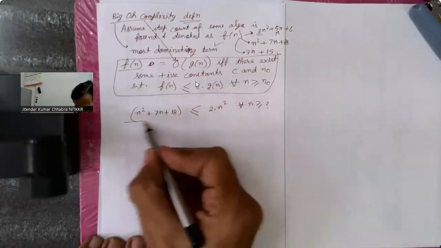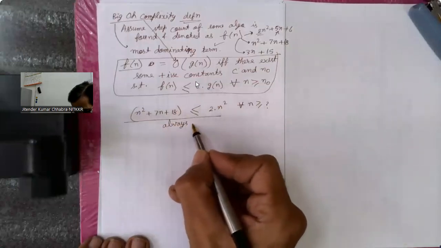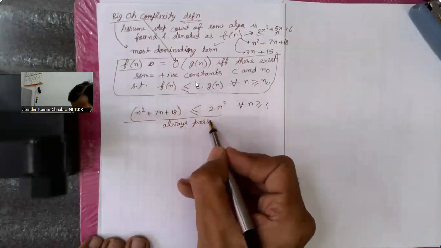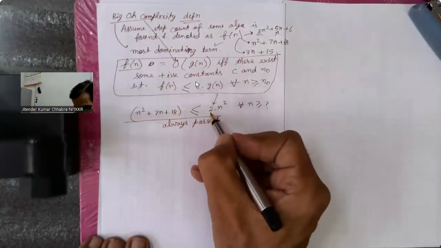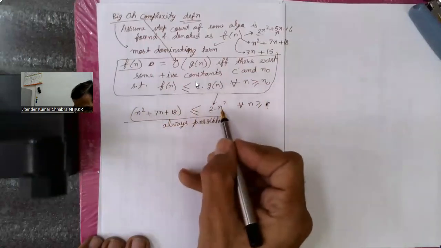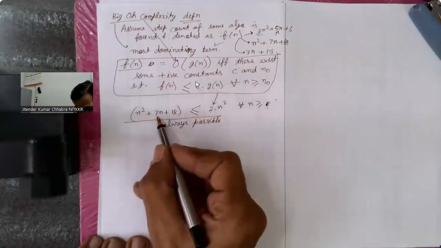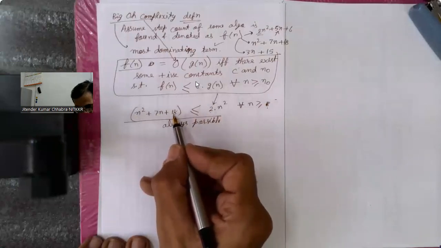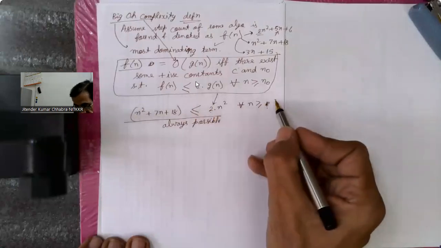I can say it is mathematically always possible. If such a constant C is possible to find, let's substitute some n. For example, if n is 5, this becomes 5 into 5, 25, plus 35, 60, plus 18. This becomes 78. 2 times 25 is 50. So no, 5 is incorrect.